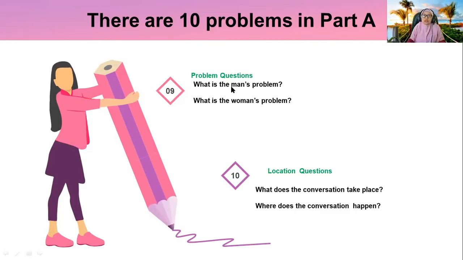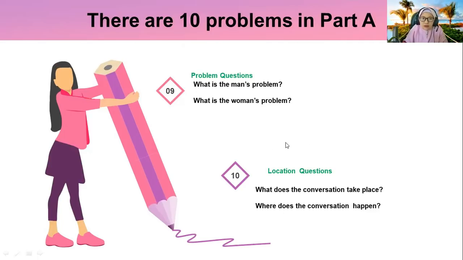The speaker will deliver the question by saying, what is the man's problem? So the conversation is discussing someone's problem. You are going to know the idea of the problems and also the problems of someone that they are discussing in the conversation.